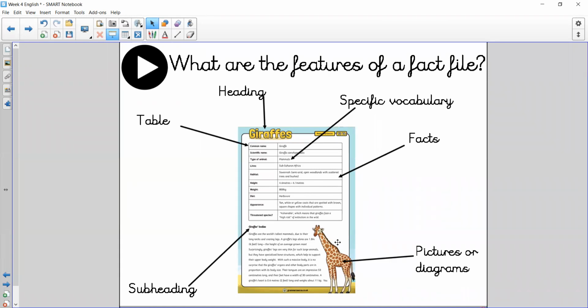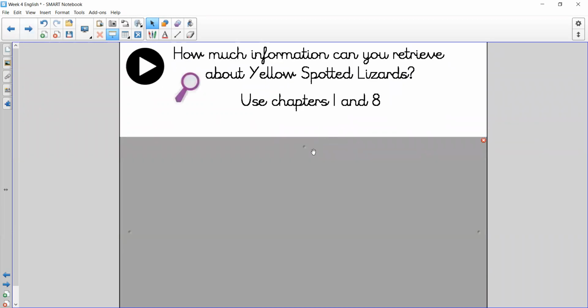We've then got pictures or diagrams, which help people visualize what it is you're talking about, and then subheadings so they can skim through and create a sort of map in their head of what it is you're talking about. We're going to use the information about a yellow-spotted lizard in chapters 1 and 8 in your Holes book.